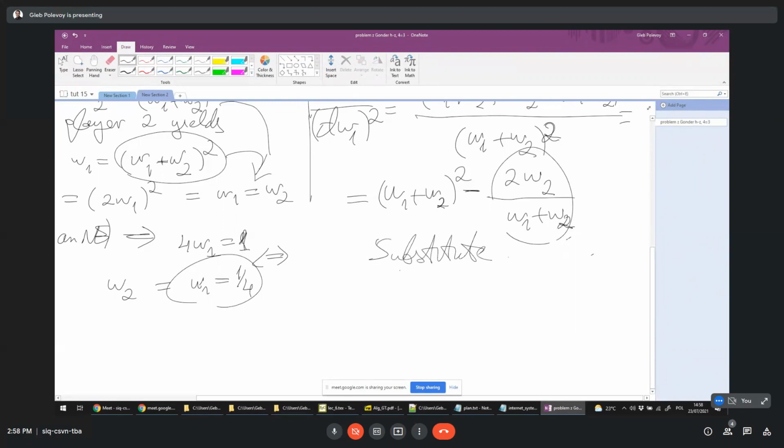I'm used to those simple problems when it's clear that it's the right sign, but let's now just substitute W1 equal to W2 equal to 1/4. Then the sum is half, so it's going to be half to the square, minus twice W2, which is half, divided by the sum, which is also half.